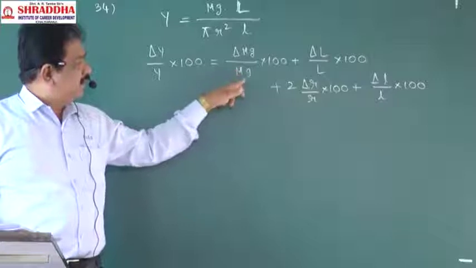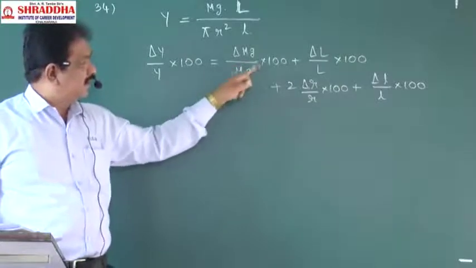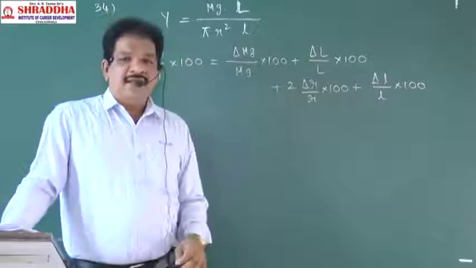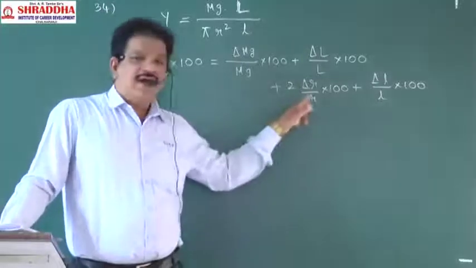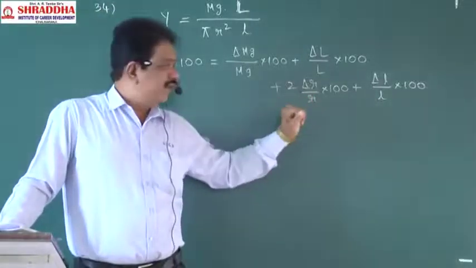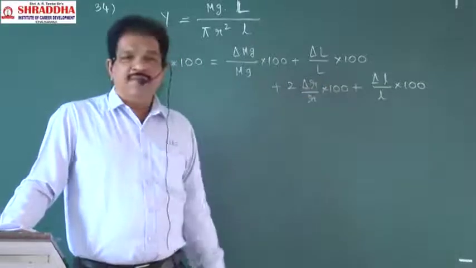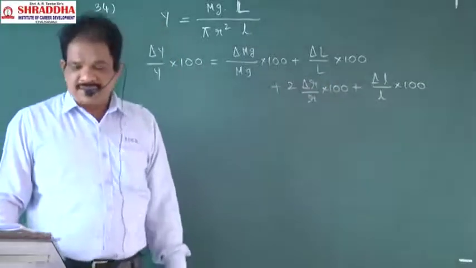Delta mg is the load connected. L is the length of the wire. r is the radius of the wire. Small l will be the extension in the wire.